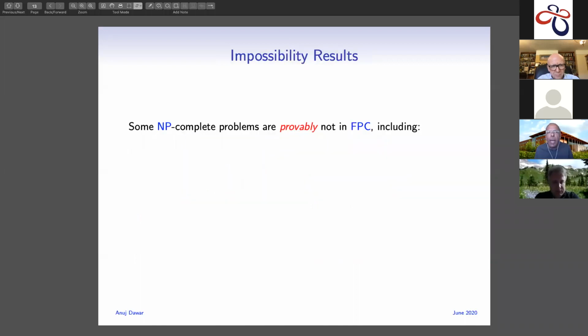And now we have another circuit class effectively for which we have real lower bounds. So we can prove for some NP-complete problems they're provably not doable by symmetric circuits. It includes satisfiability, which isn't a graph problem, but we can tweak it into this formalism, but also Hamiltonicity and three-colorability, which are NP-complete graph problems.